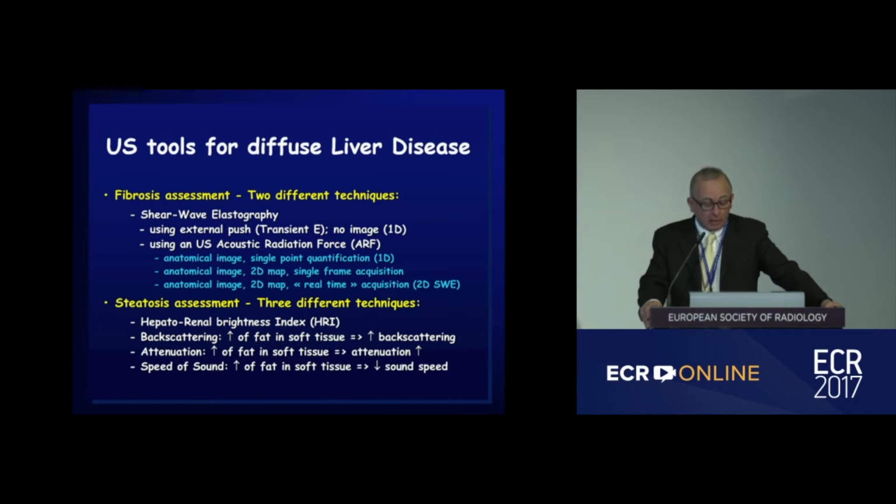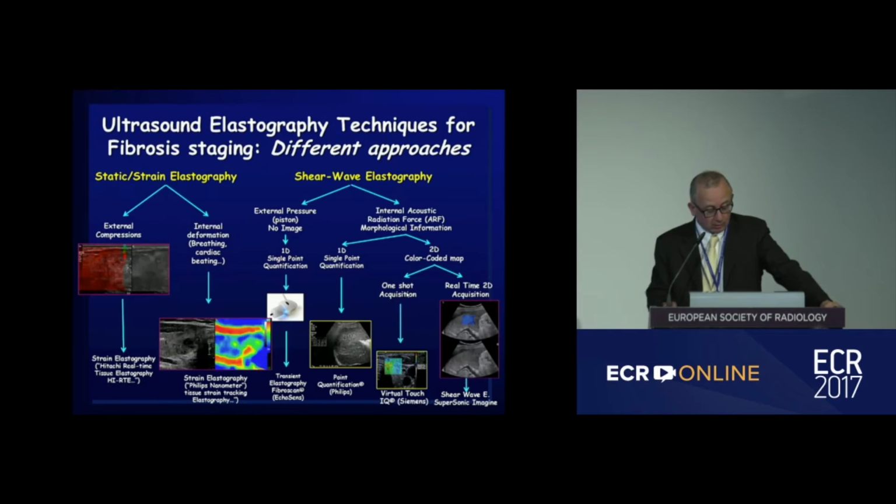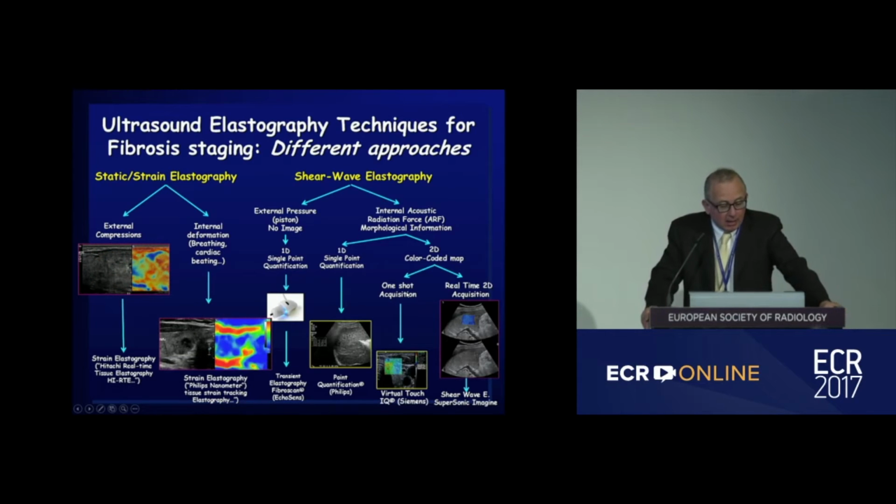We can also calculate some kind of attenuation parameter, because when fat is increasing in the tissue, attenuation is increasing also. And very recently in the Explorer also, you can optimize the speed of sound, because when fat is increasing in soft tissue, the speed of sound will decrease.